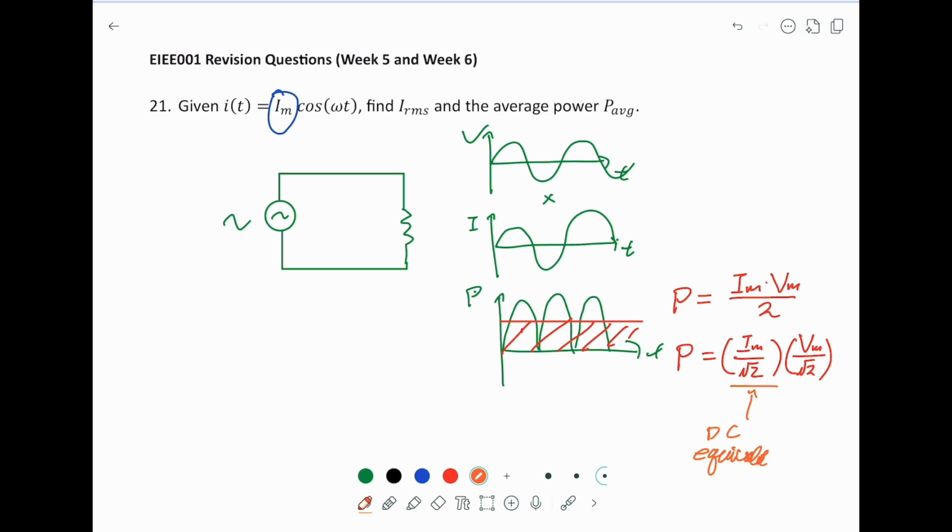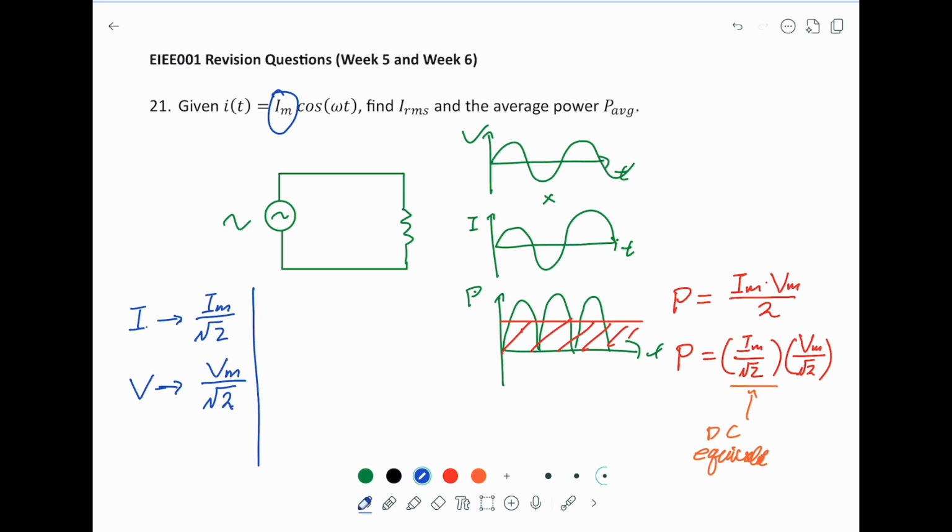So what I mean is, we take the maximum value of I and divide it by root 2, and we assume a DC current has the same magnitude, and we assume the DC voltage equals the maximum of your AC divided by root 2, and they will create the same average power.